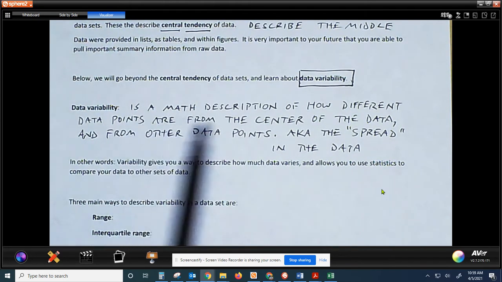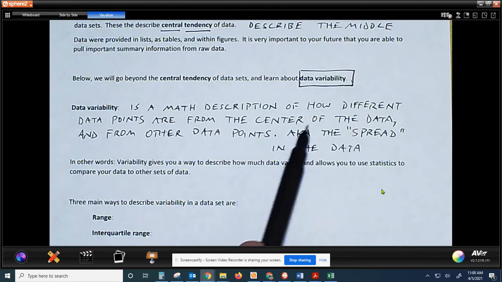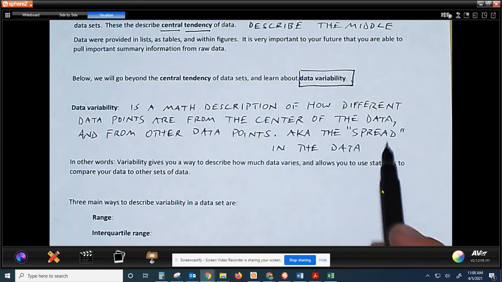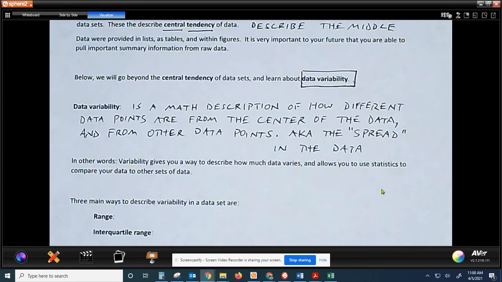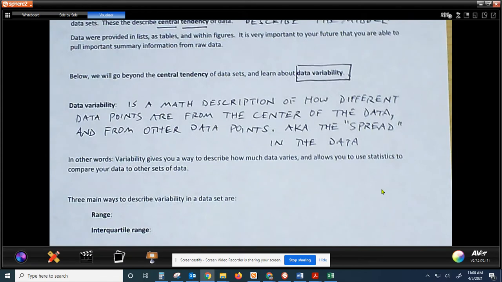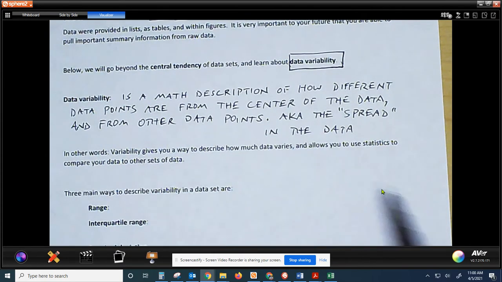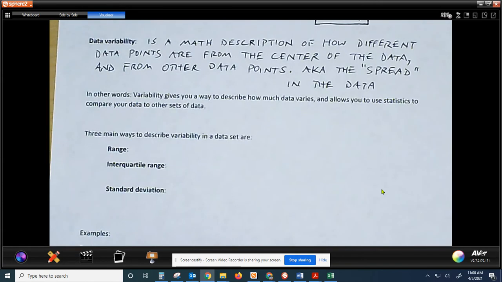Okay, so it's a math description of how different data points are from the center of the data and from other data points, aka the spread in the data. That is the variability. It is the spread. Variability gives you a way to describe how much data varies and allows you to use statistics to compare your data to other sets, which we will do today.